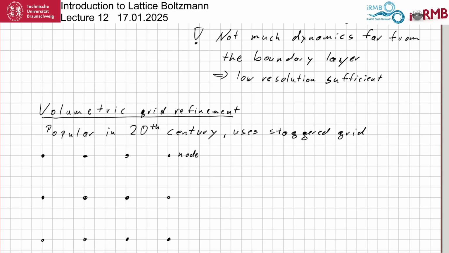This means the moments there give the velocity at this node. There is an alternative. This is an important thing when you do the asymptotic analysis, because then your assumption is this is the velocity at this point. Otherwise you have a different Taylor expansion.